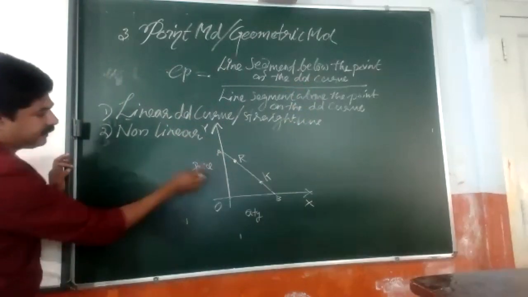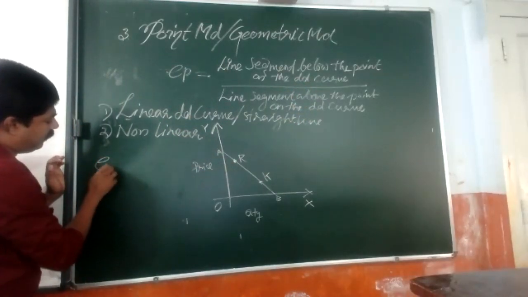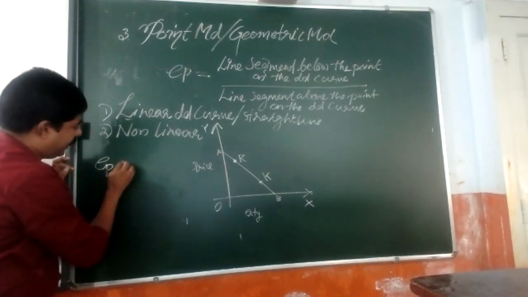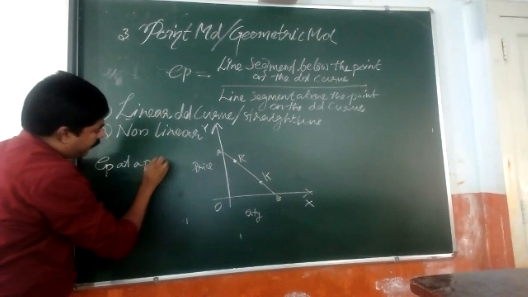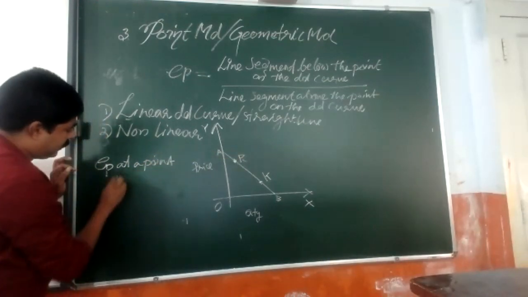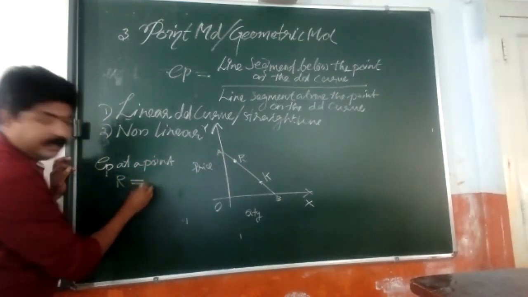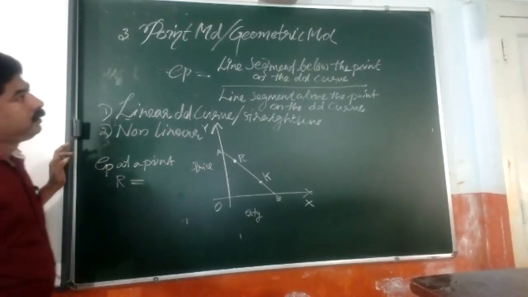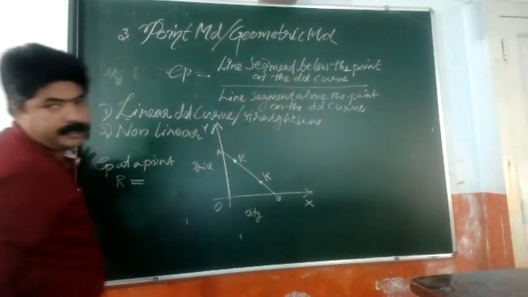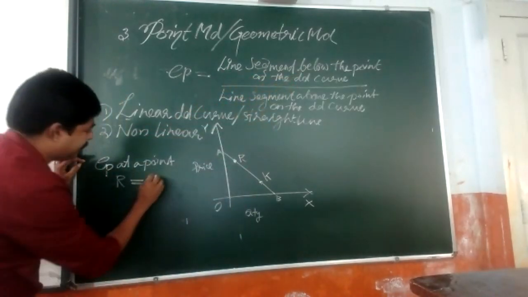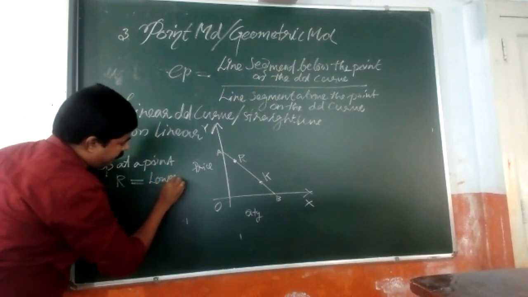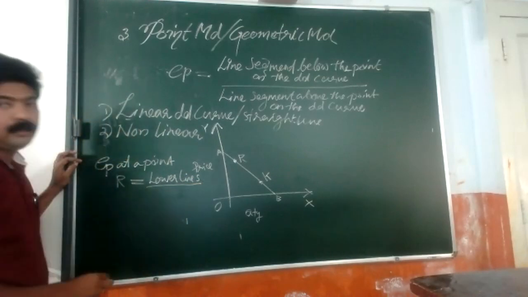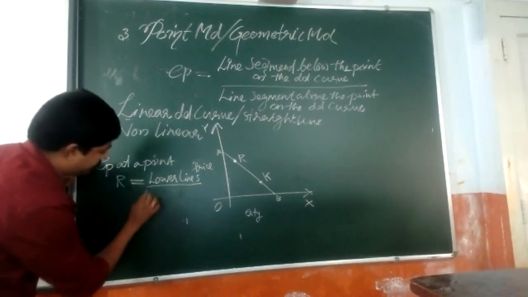So we can write in another way: price elasticity of demand at a point R equals, we write the formula, the line segment below the point, lower line segment, upon upper line segment.